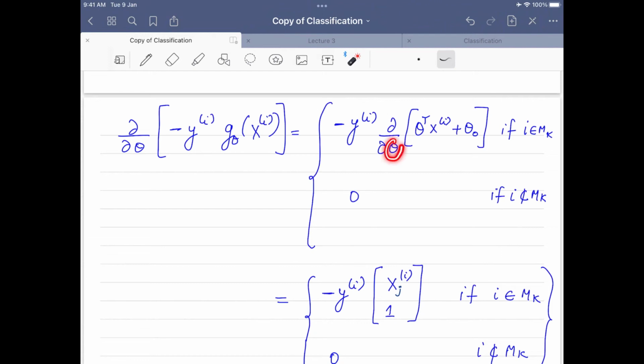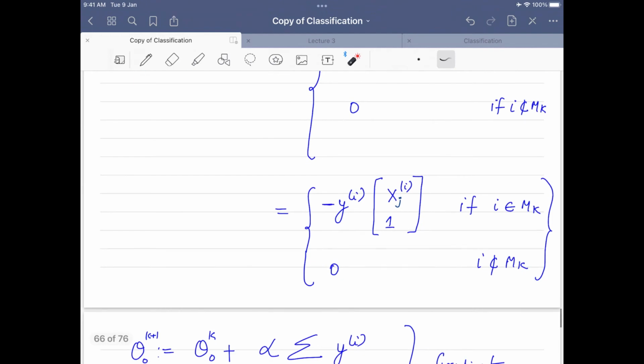And if you take the derivative with respect to theta transpose x_i, you get the corresponding x_ij outside. The j is the feature corresponding to theta j, for which you are taking the derivative. So you are calculating the derivative with respect to a specific location of theta, and for that location the corresponding x_i comes out. That's why the subscript j is coming out here.